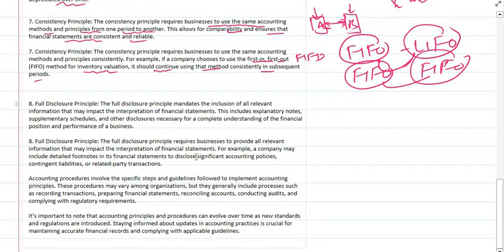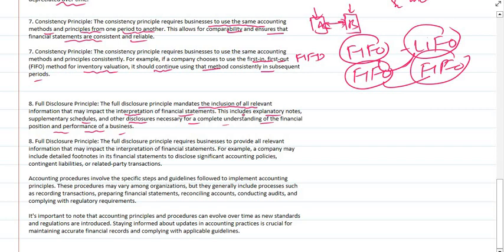Now let's discuss the full disclosure principle. The full disclosure principle is basically the principle that all material information should be disclosed in the financial statement. The full disclosure principle mandates the inclusion of all relevant information that may affect the interpretation of financial statements, and this includes explanatory notes, supplementary schedules, and other disclosures necessary for a complete understanding of the financial position and performance of the business.